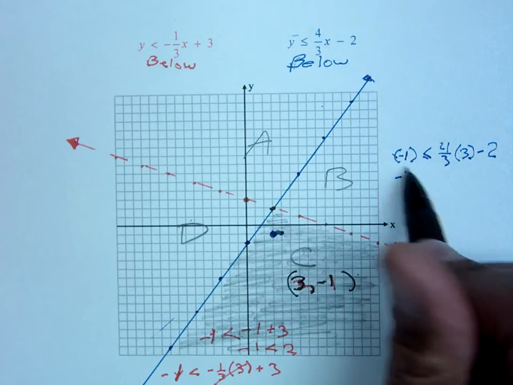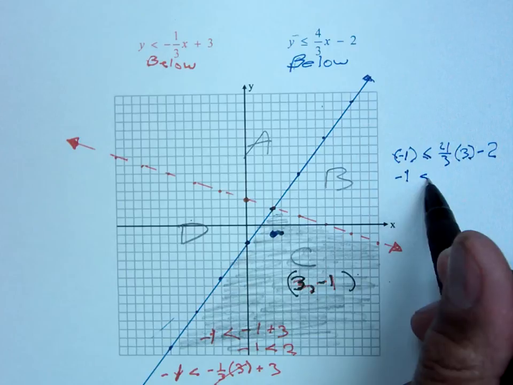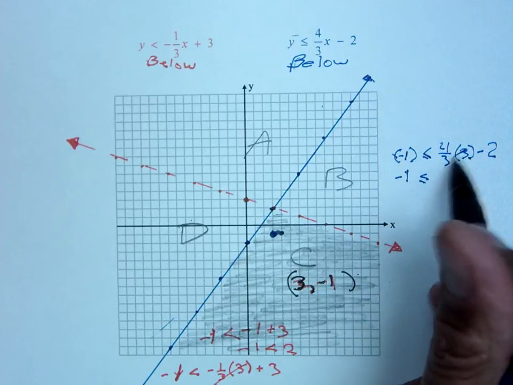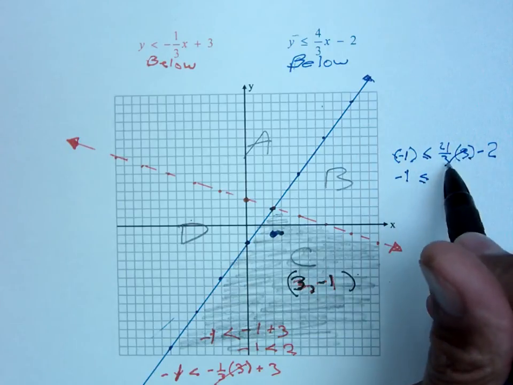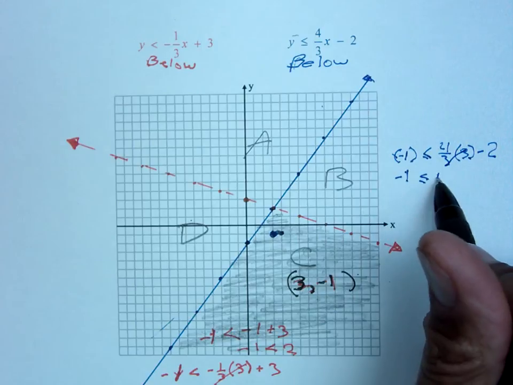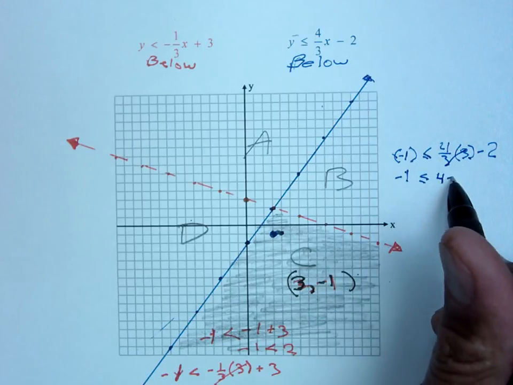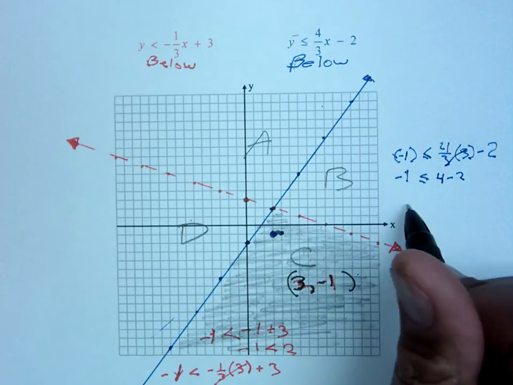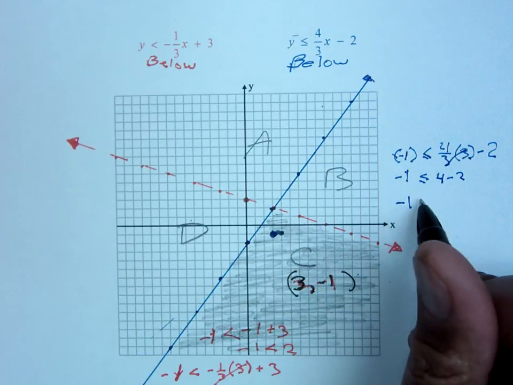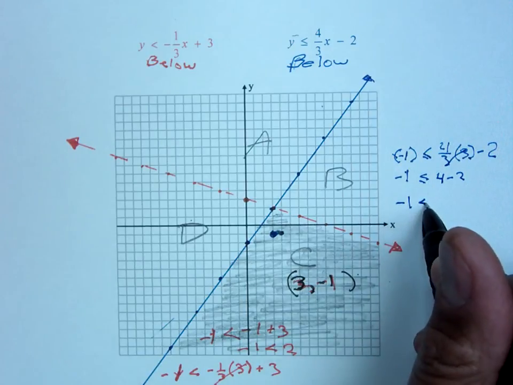So this will leave me with -1 less than or equal to, and these 3's will cancel. That's why I chose the 3, so that it would cancel. We'll have 4 minus 2. Of course, 4 minus 2 is 2. So isn't it also true that -1 is less than 2, just like before?